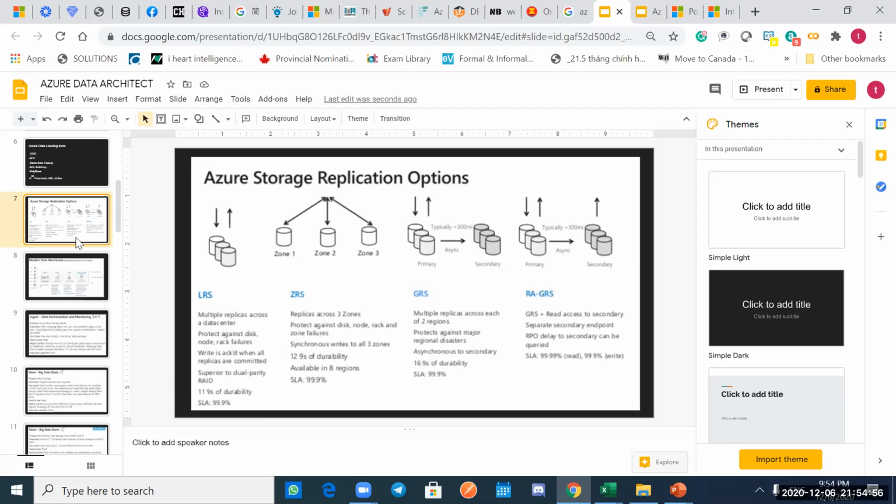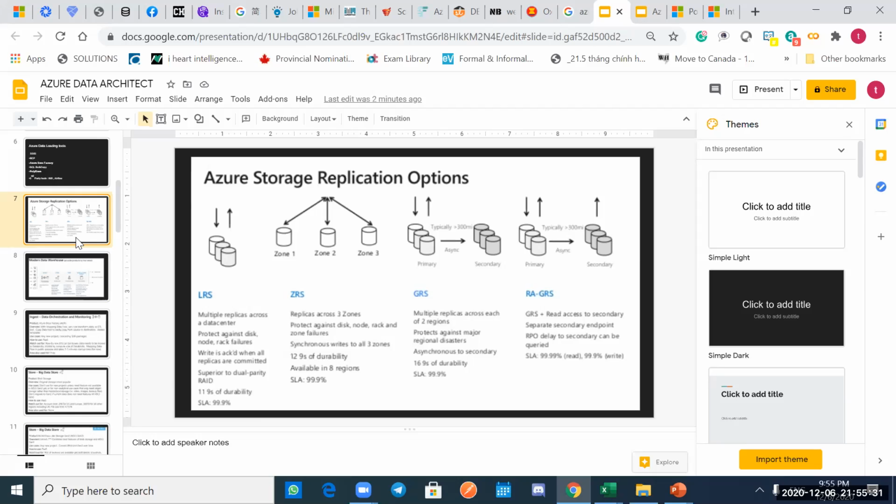So ZRS, Z for zone replication. Anything with a Z, remember it involves different zones. It replicates across 3 zones. So not only does it protect you against node and rack failures, but for example, if you have the data in Singapore, what happens if the whole country got a power outage, or North Korea shot a nuclear warhead at Singapore?